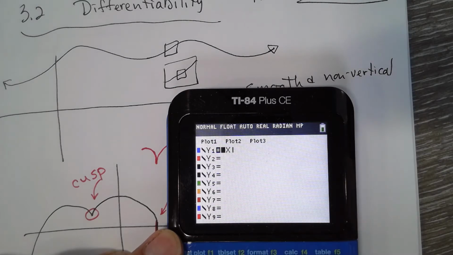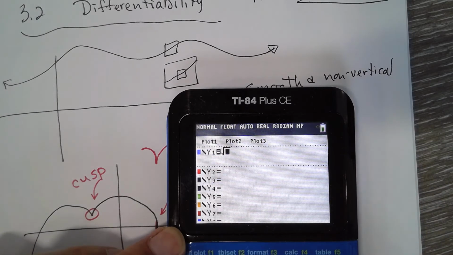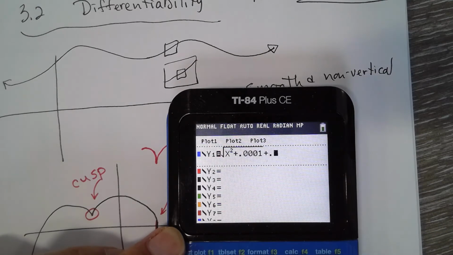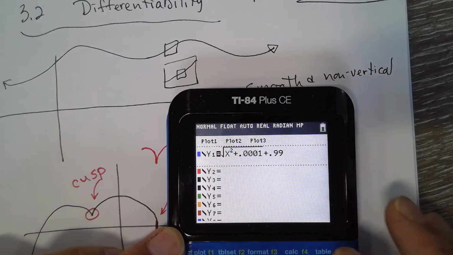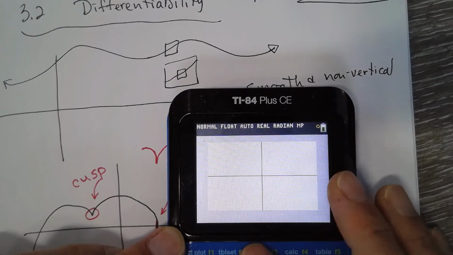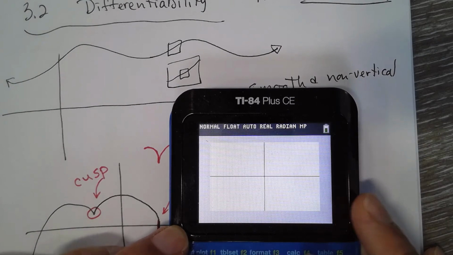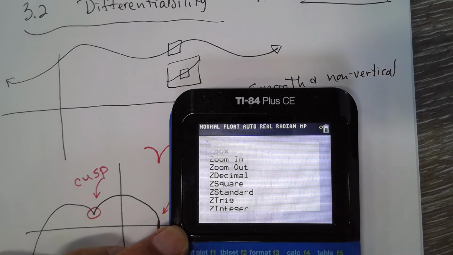Now, what if we did the square root of x squared plus 0.0001? Okay, this is the example in the book. So I'm going to do a zoom standard.